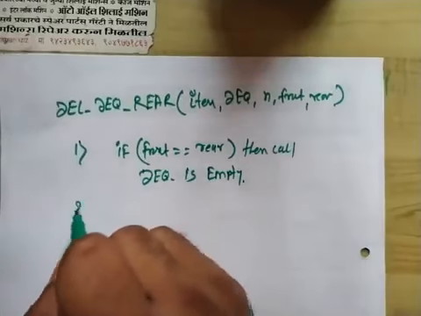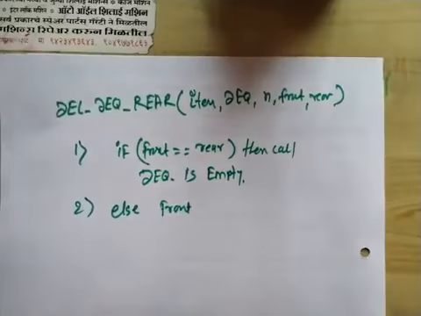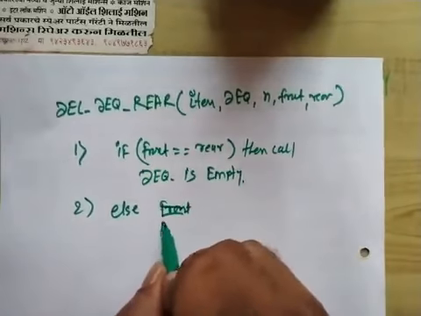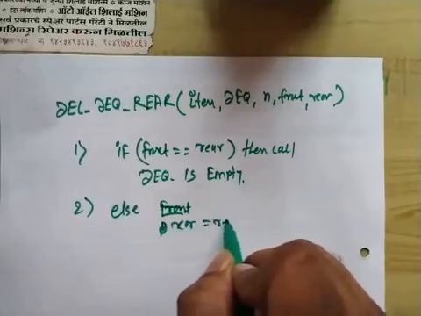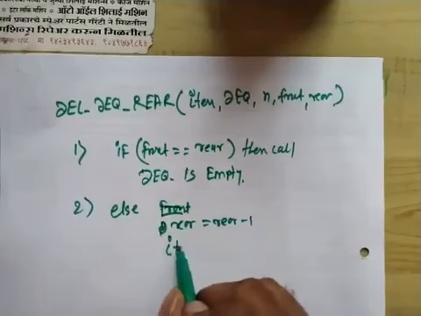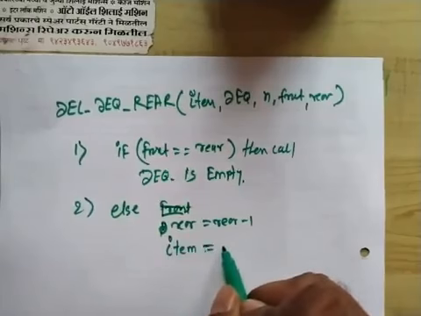Else, if it is not empty, we are going to decrement our rear position by 1, that is rear is equal to rear minus 1, and we collect that element into the atom variable for future purposes, like displaying the element.